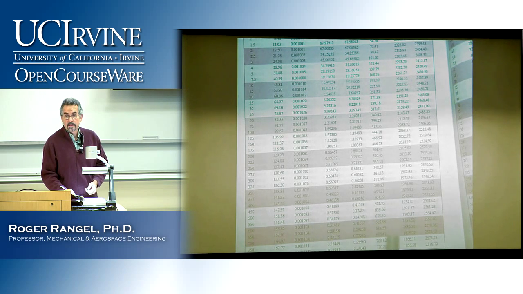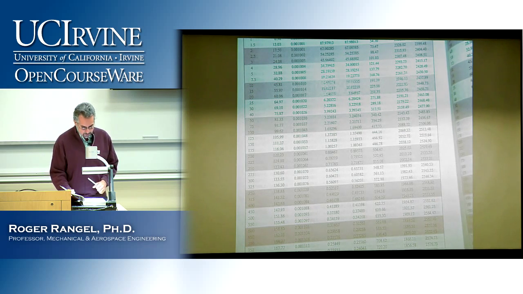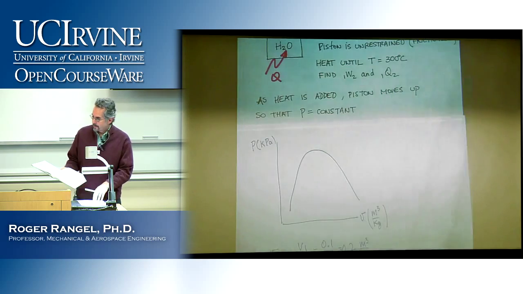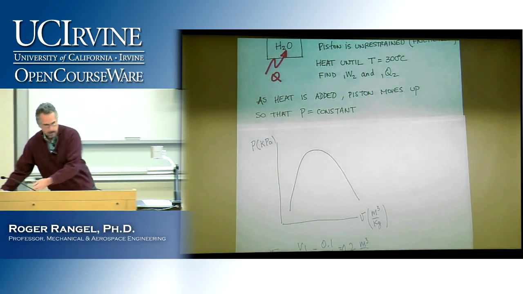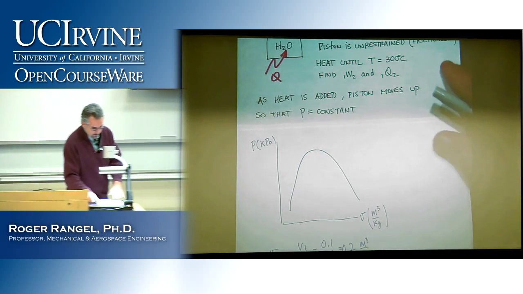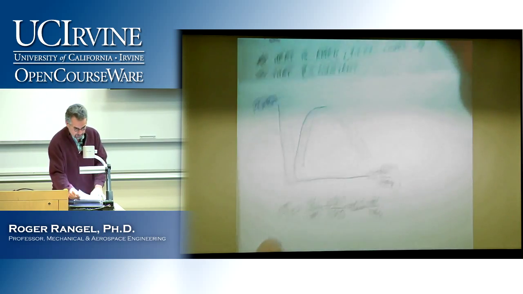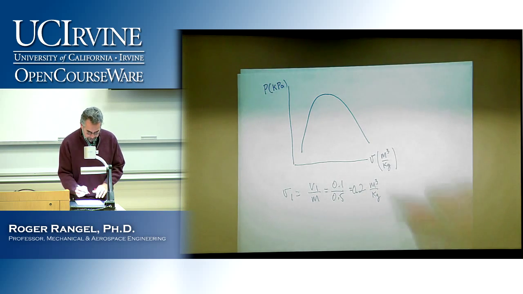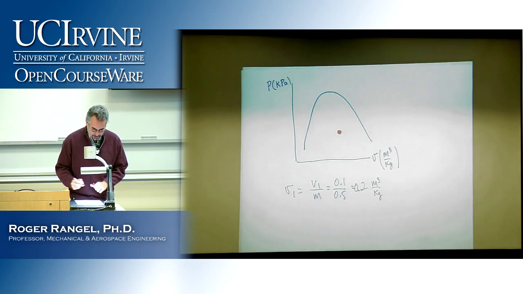And since our specific volume is 0.2, we are in that range. So we know that we are indeed inside the dome. So we can then go ahead and put a dot here for the initial state.